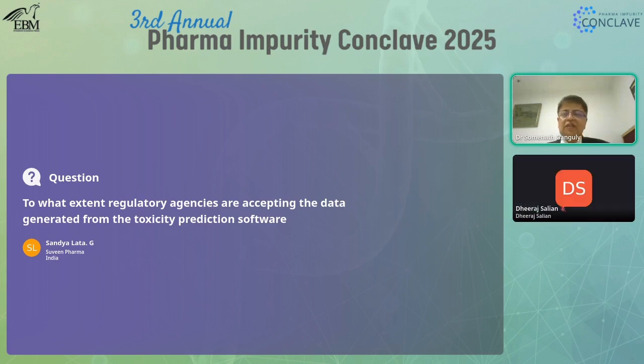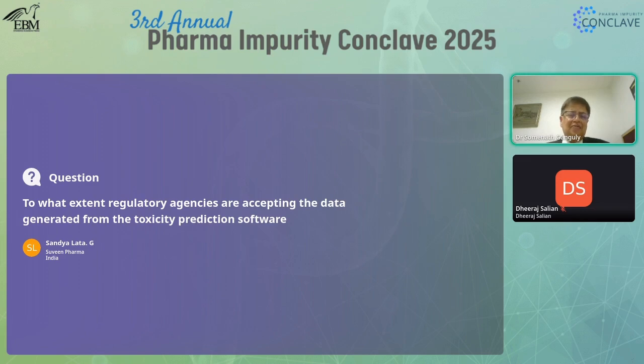in my experience, they are accepting it, but apart from that, you have to show some data also, your actual data. I think they are accepting toxicity prediction software based data. In my experience, they are accepting.